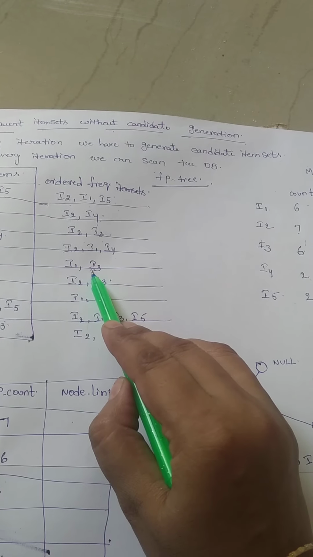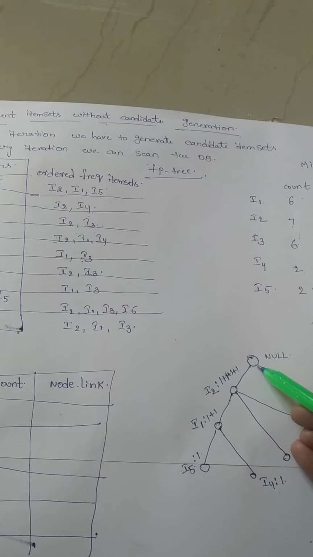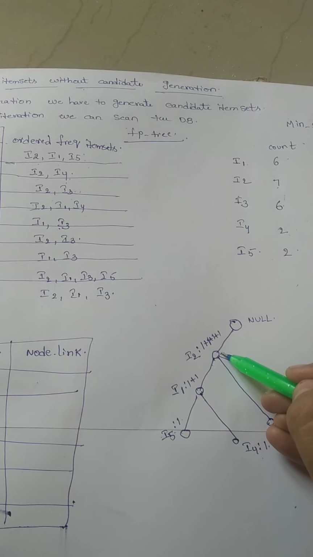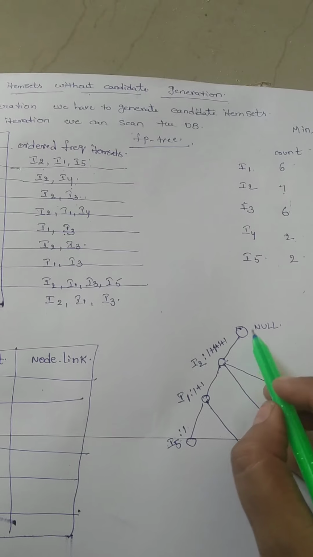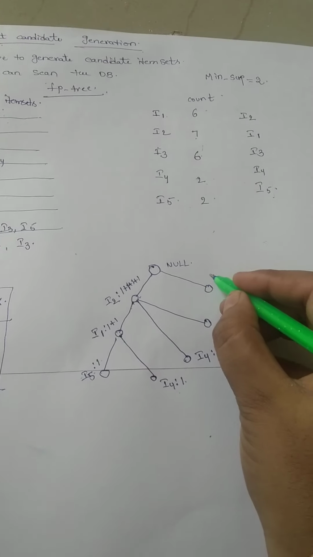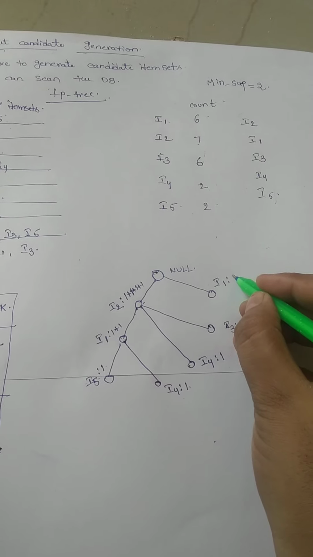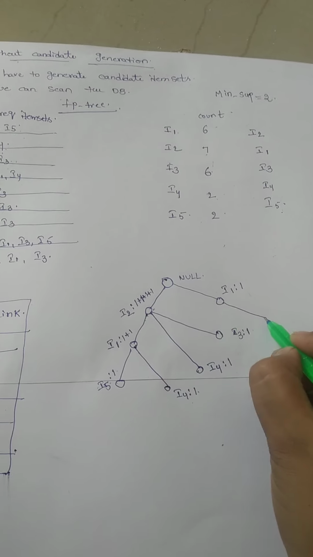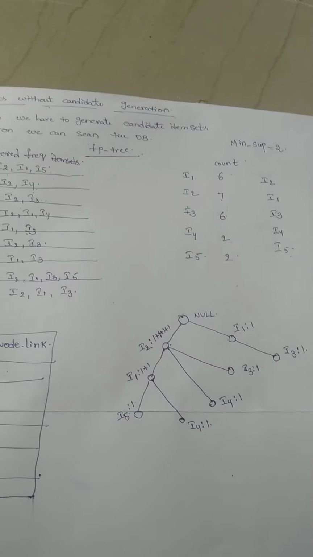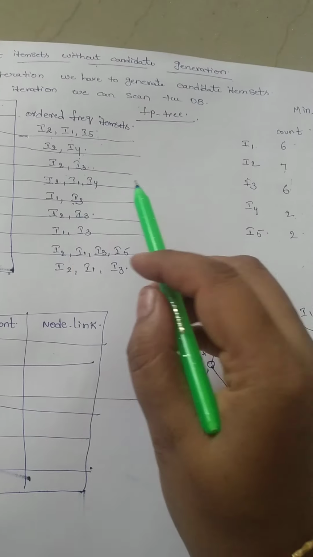Next one is I1, I3. From the root node there is no I1 node, so we take another one, that is I1. Here I1 is 1. From I1 we take I3. So I1, I3 is completed.